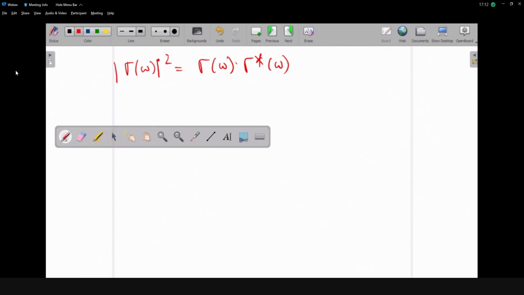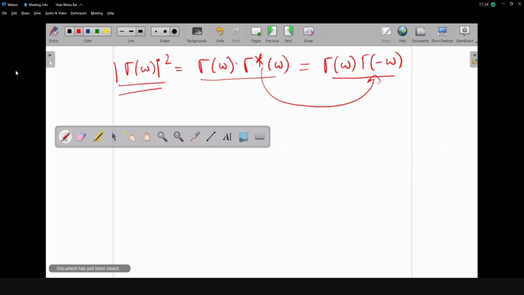We can also write Γ(ω) into Γ(−ω), because the complex conjugate and Γ(−ω) are the same. So the magnitude square of Γ(ω) will also be the same. Because of these even functions, it gives the same expression. That is the inference from this equation.